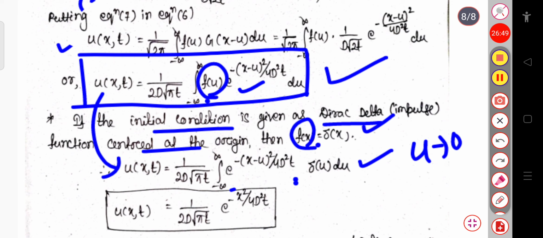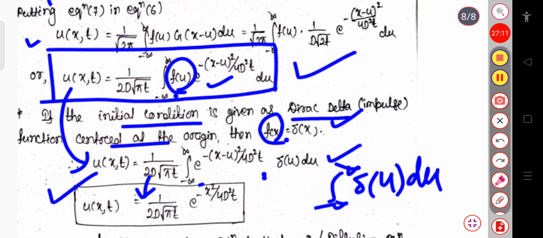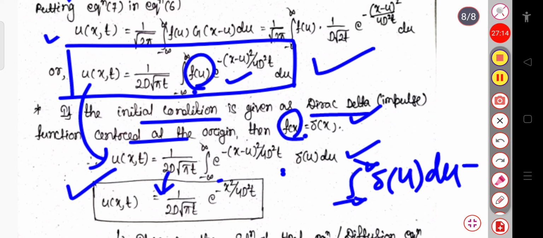So for that condition, u of x,t equals 1 by 2d root over pi t, and the integration of delta of u into du is equal to 1. So only exponential minus x square divided by 4d square t will be present, because here we have considered u tends to 0. When u equals 0, this will be our final expression.